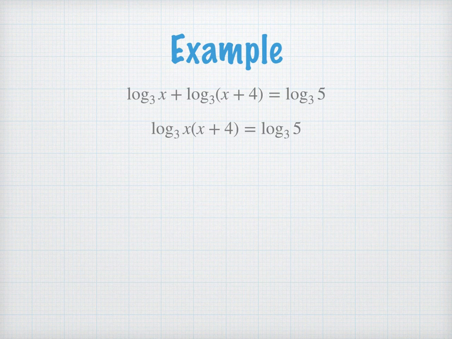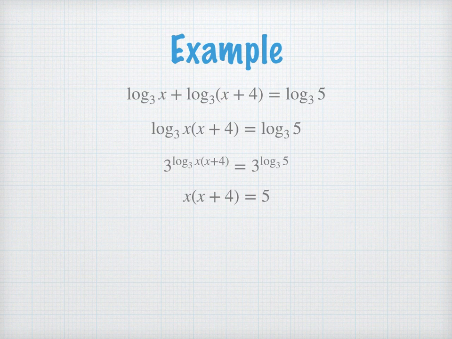Now that we have just one log on each side, we can use our exponent rules to help us out. 3 to the log base 3 on each side, those cancel, and we're left with x times x plus 4 equaling 5. Now this is really a quadratic.